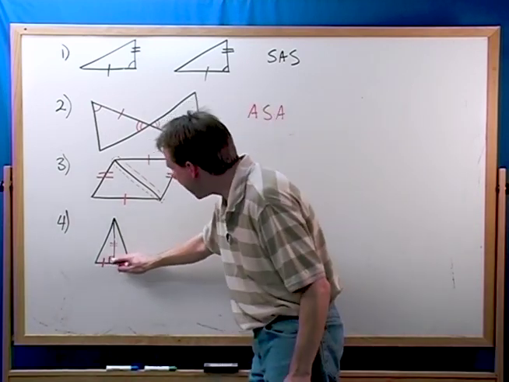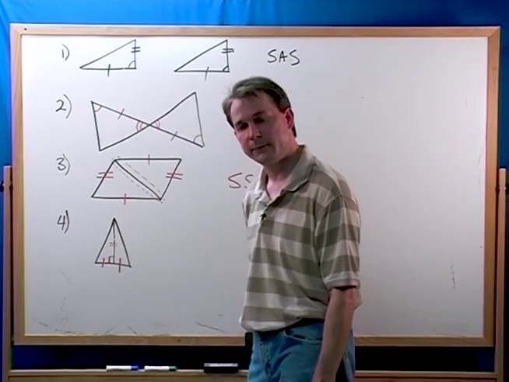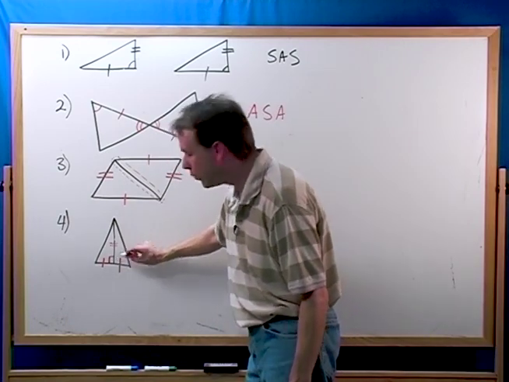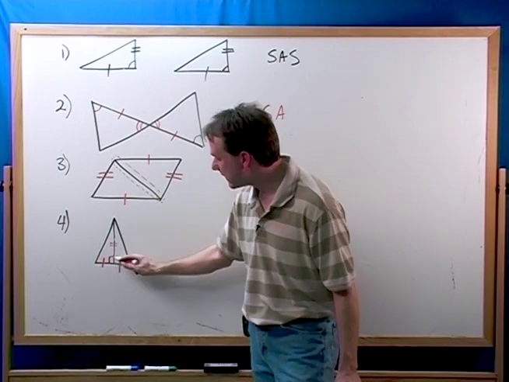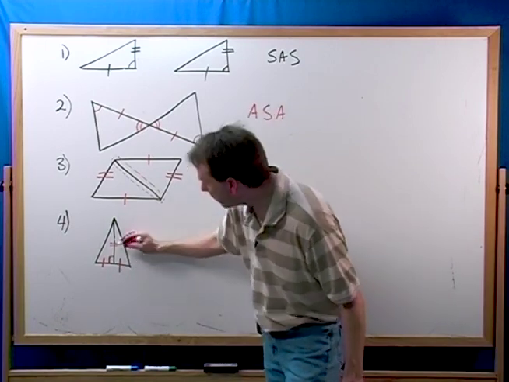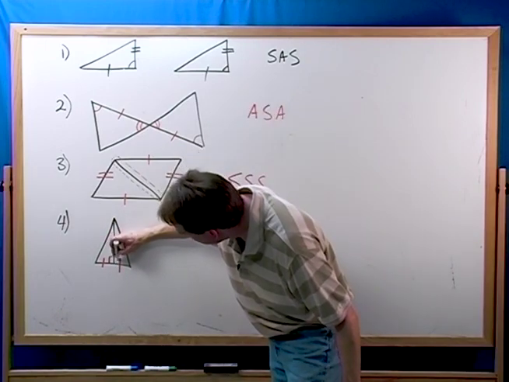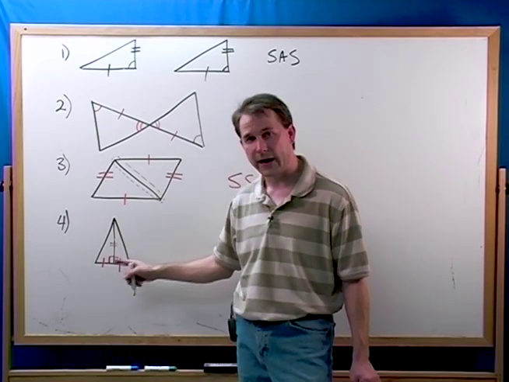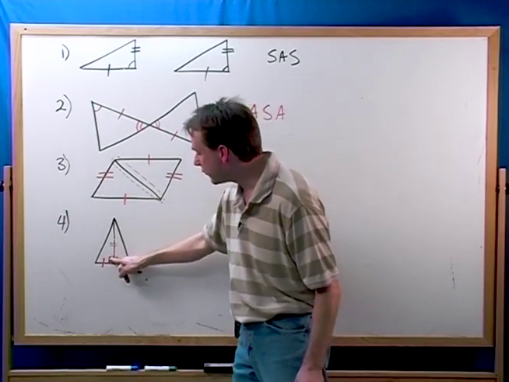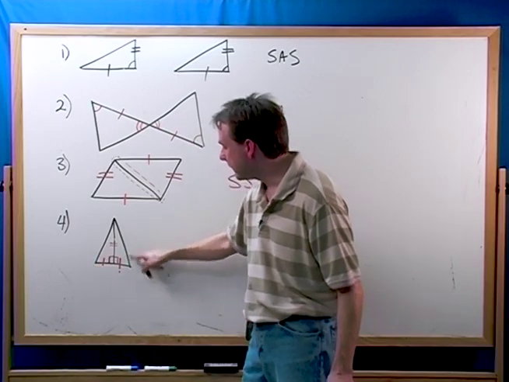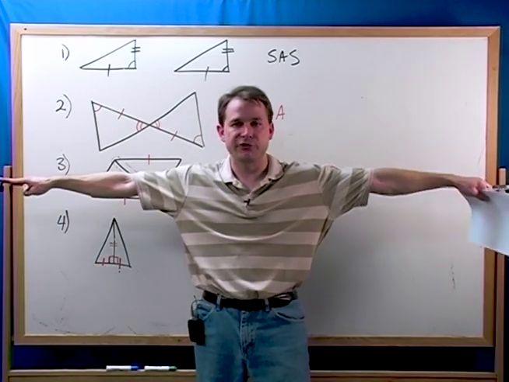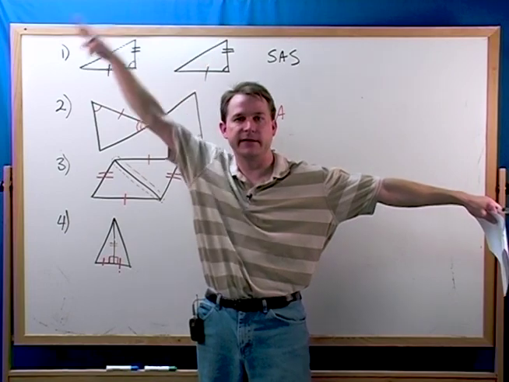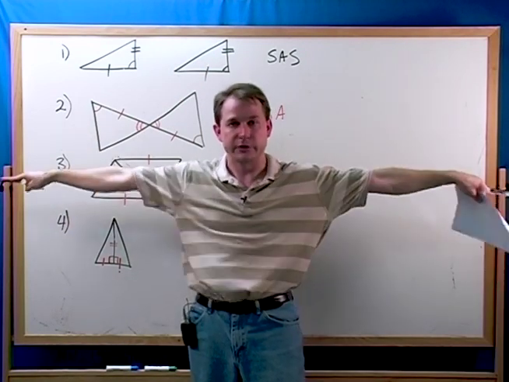So side, angle, side, okay? But what would this angle be? Well, you've got to realize that this is a 90-degree angle, and so that automatically means that this also has to be a 90-degree angle. And they didn't tell you that. You just got to know that. Because if this is 90 degrees and this is a straight line, then in a straight angle, this is 90 degrees, this is the other 90 degrees, equals 180 degrees.